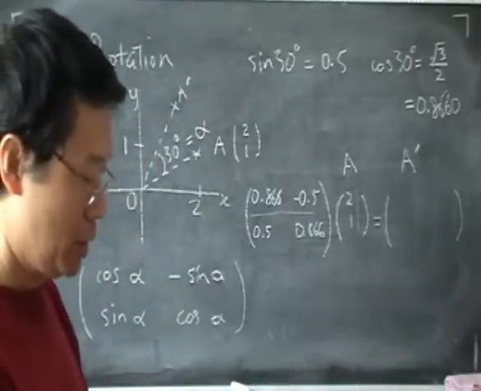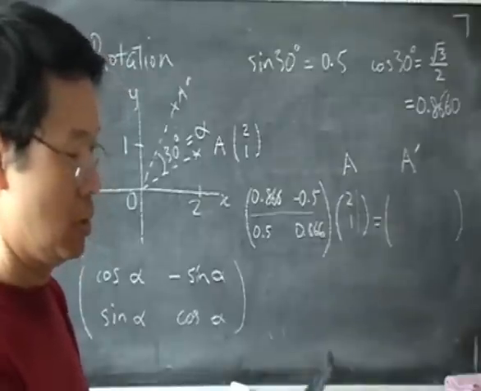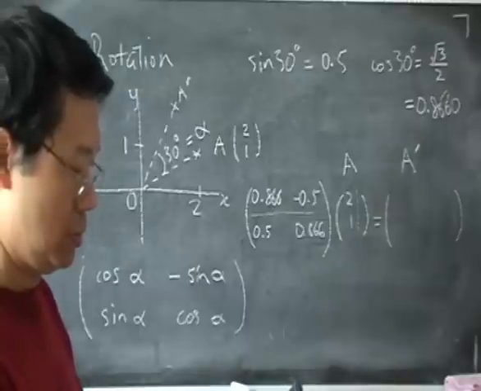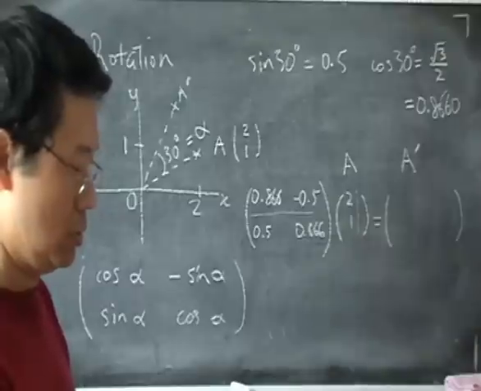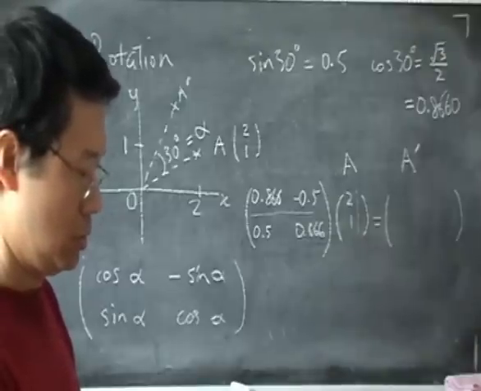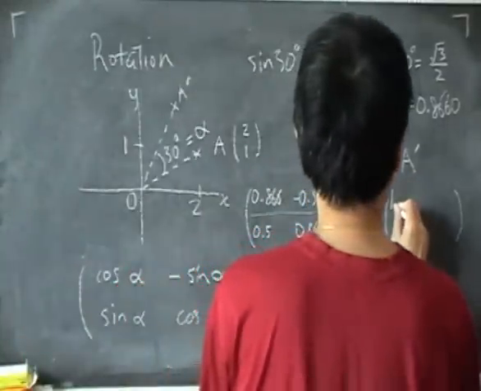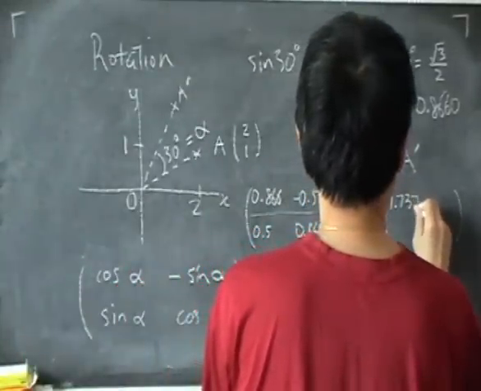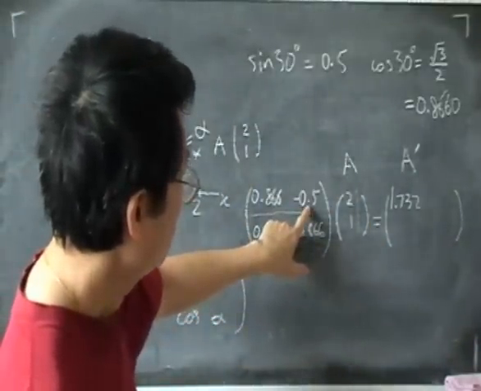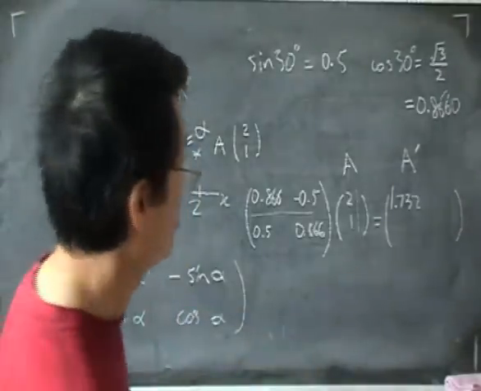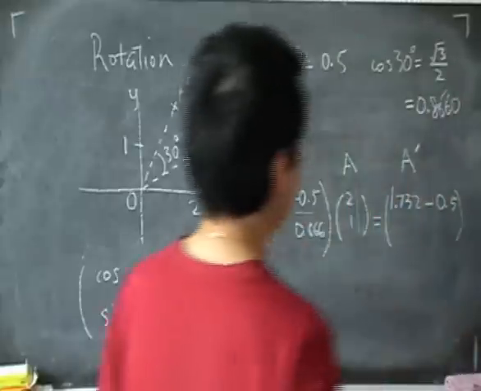I will press in 0.866 times 2. 1.732. Okay, and then plus negative 0.5 times 1, which is minus 0.5.